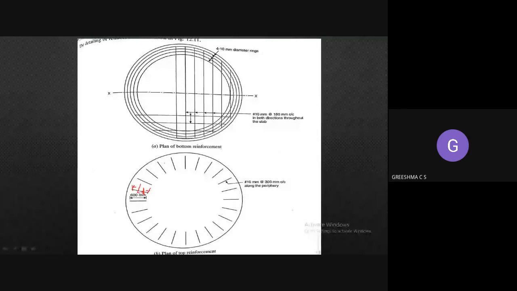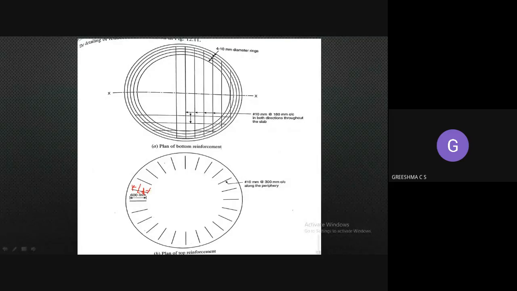The development length is 56.5, that is 56 into the diameter of the bar. So we get approximately 560 mm, and 560 mm rounded is 600 mm, which you provide as the radial reinforcement.